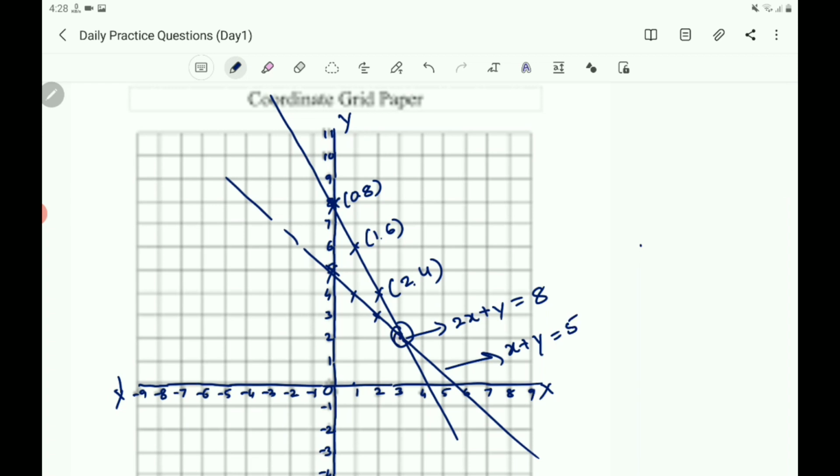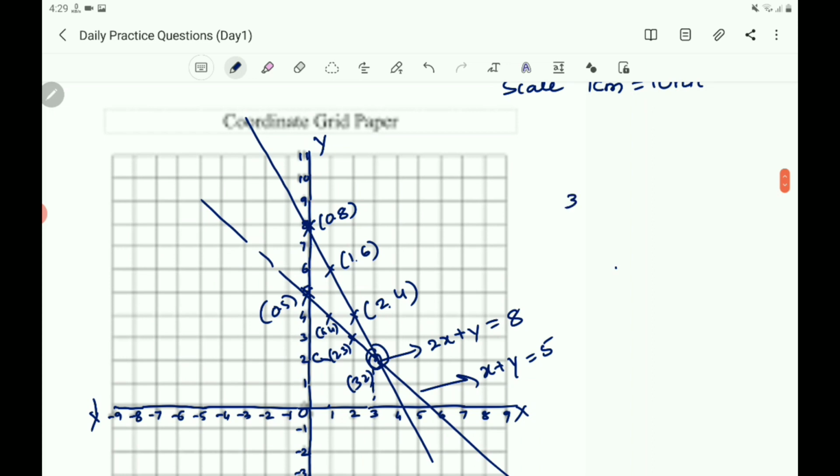And these 2 lines meet at the point 3, 2. So here first you write these points: 0, 5, this is 1, 4, this point is 2, 3 and this is 3, 2. So both the straight lines meet at the point 3, 2.